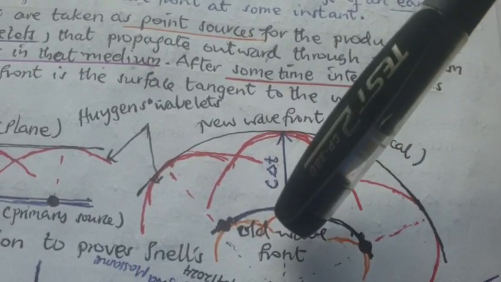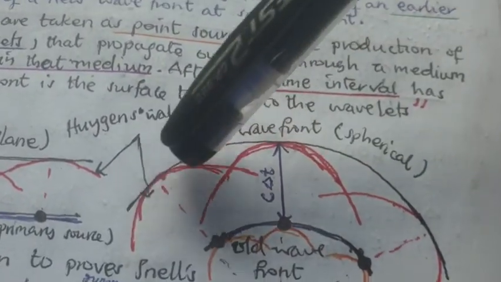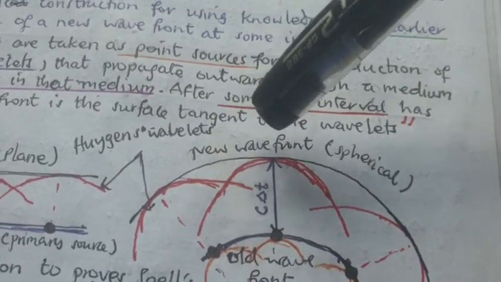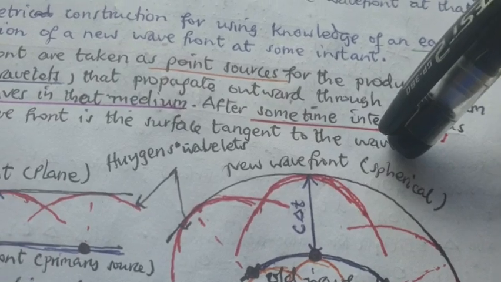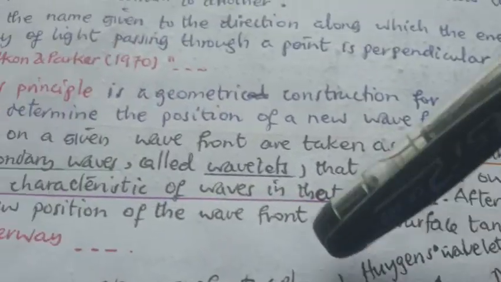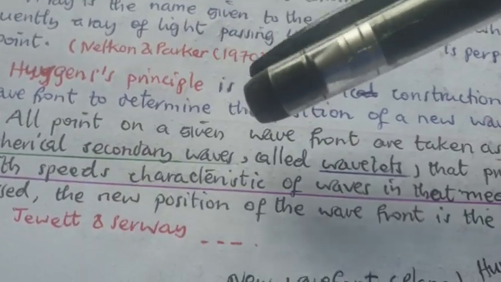Remember that a new spherical wavefront is obtained after some time interval, and this new wavefront is called the secondary spherical wave.